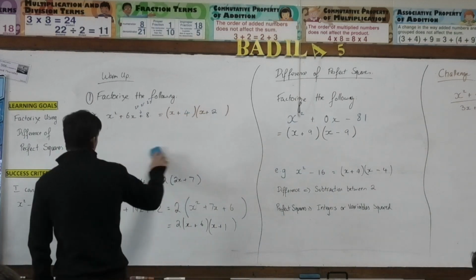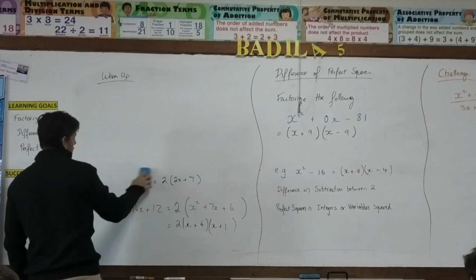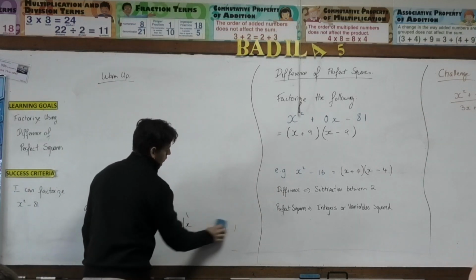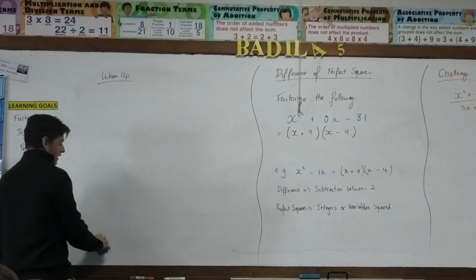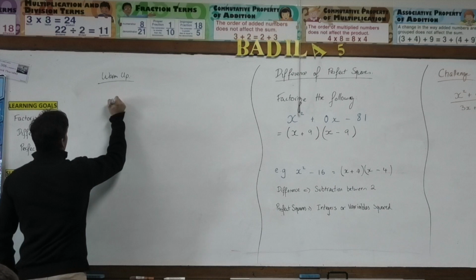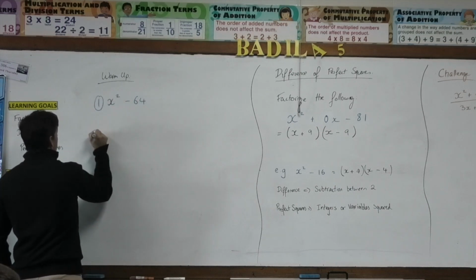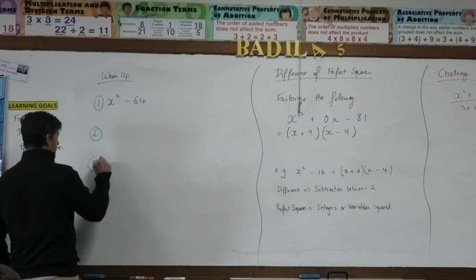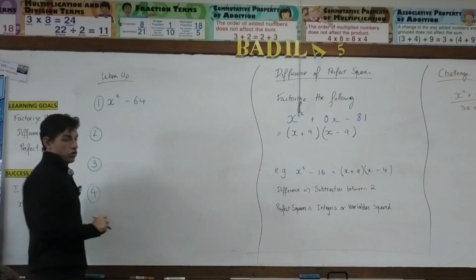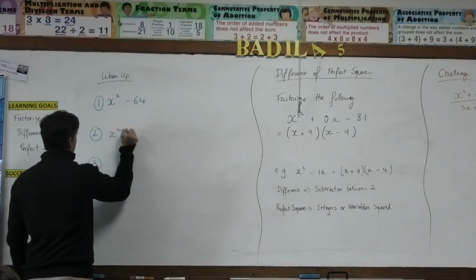So let's run through some examples of that, and then we'll go on and do some challenge stuff. Who thinks they can give me a difference of perfect squares, one that we can solve? Surely someone in the room has just seen what I've done and feels they can replicate that maths. X squared take 64. Yep, perfect. That's question 1. I need 4 examples. Max has given me 1. You guys are going to be 3. A squared take 36.